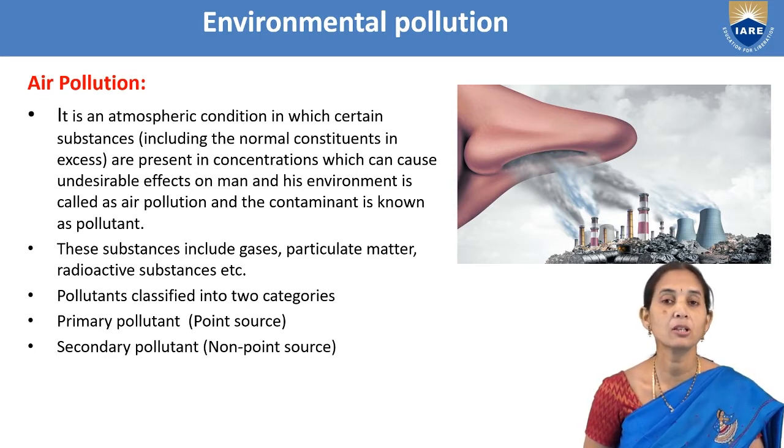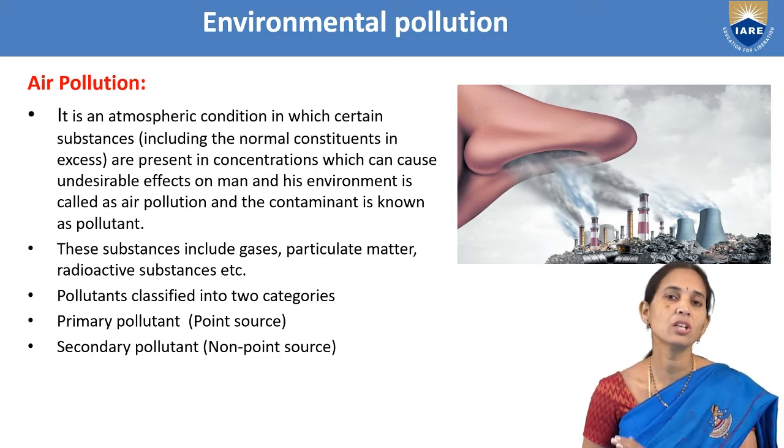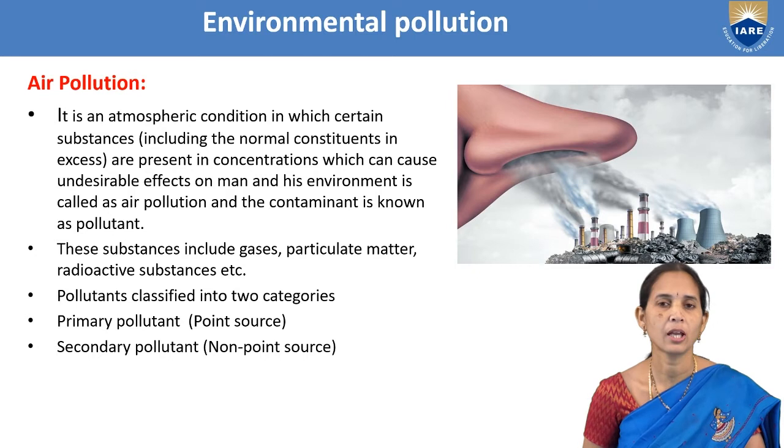These substances include gases, particulate matter and radioactive substances. When we are driving a vehicle, what gas is emitted? CO, carbon monoxide. When the concentration of carbon monoxide increases in the air, that leads to air pollution.